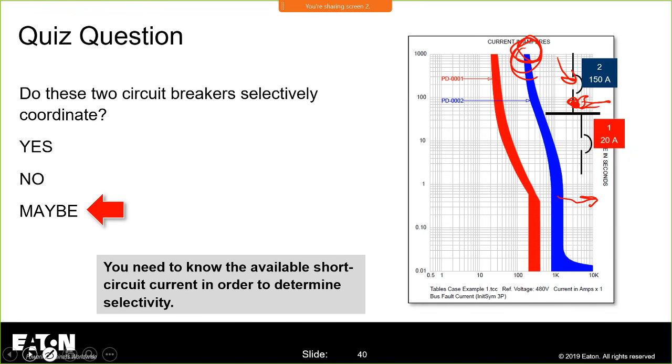So that means I have to increase the size of that conductor, which means if I find this problem after I've already pulled wire, that could be ungood. I might have to increase the size of my conduit. I'm definitely going to have to pull new wire. I am presented with a challenge, which is lesson number 1. You want to be pretty sure in your design phase how well these selectively coordinate with each other.